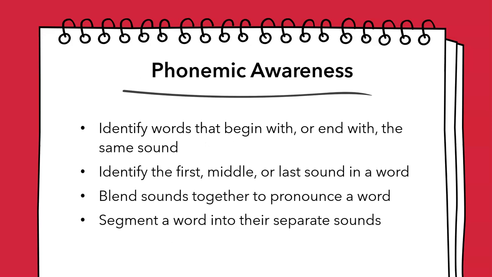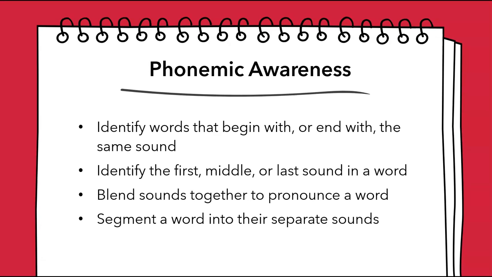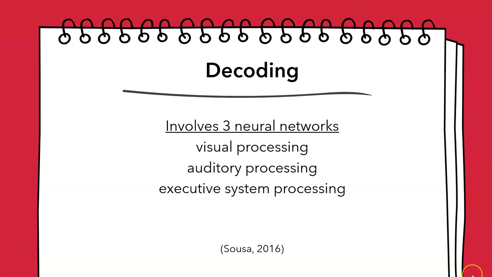It also involves phonemic awareness, which is the ability to identify words that begin with or end with the same sound, identify the first, middle, or last sound in a word, or blend sounds to say a word, or segment that word into their separate sounds. Like I know that cat has three sounds, k, a, t.